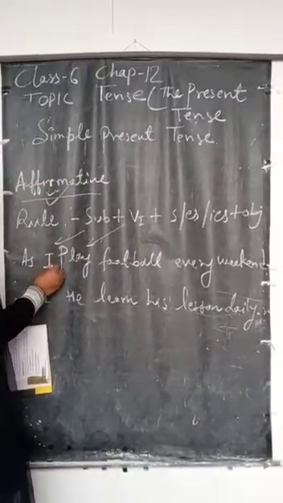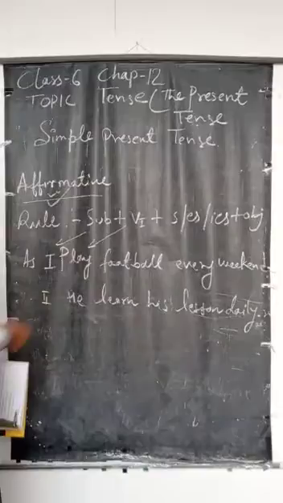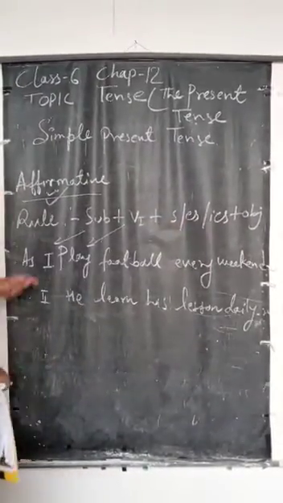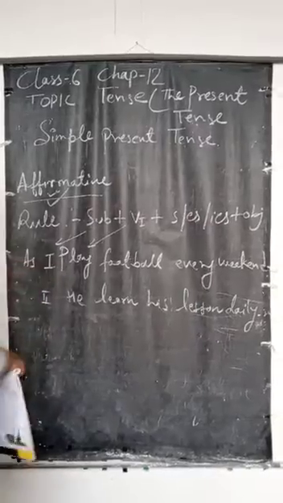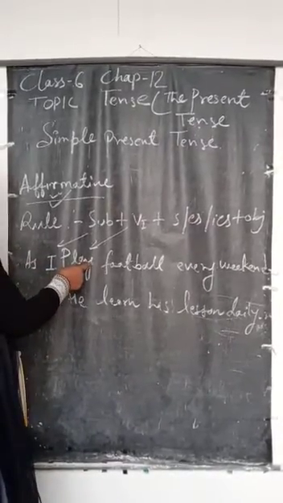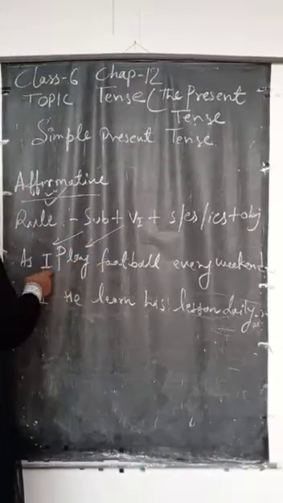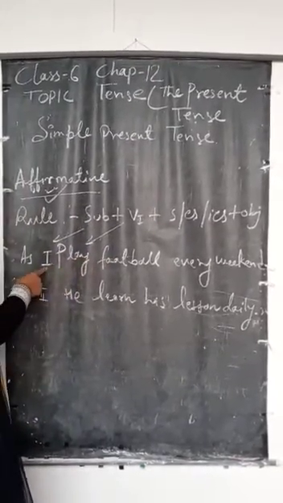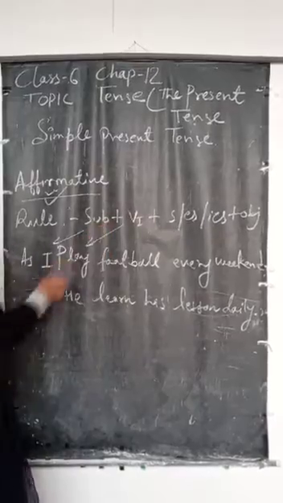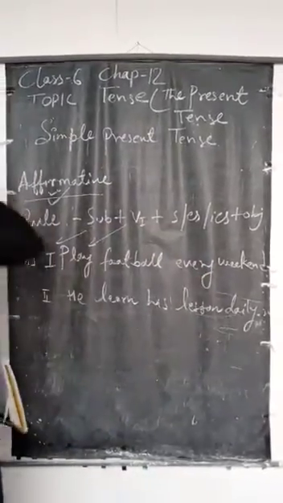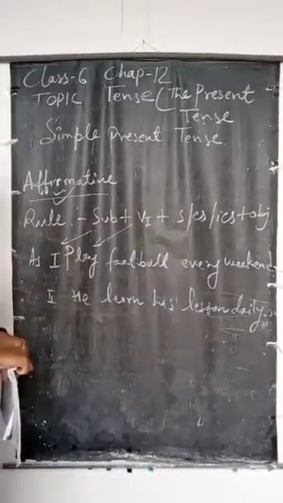Remember one thing: when the sentence has I and you, we do not use s or es with them. I is free from this rule. I play football every weekend. Got it? Let's see the next.